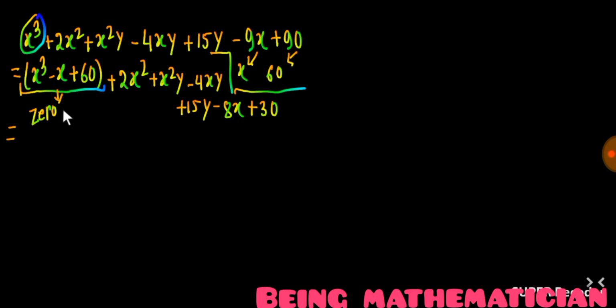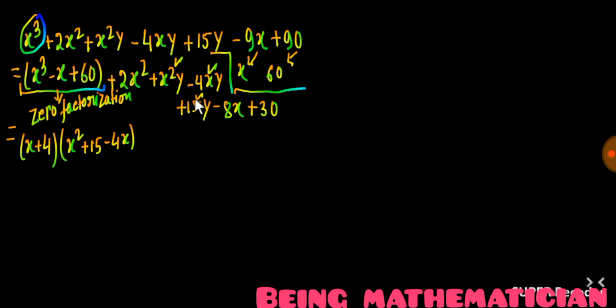So by zero factorization, we have the factors x plus 4 into x square minus 4x plus 15. From the remaining terms we take y common from the first group, giving y into x square minus 4x plus 15, and the remaining term, 2x square minus 8x plus 30, has common 2, giving 2 into x square minus 4x plus 15.